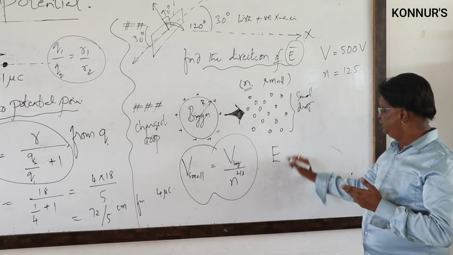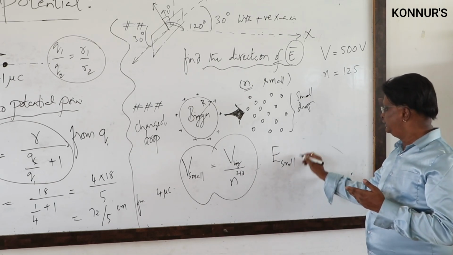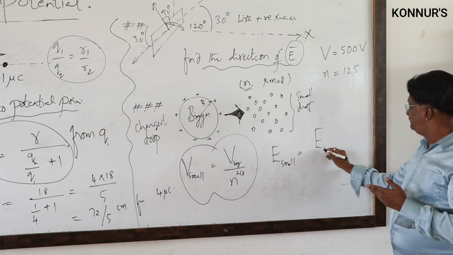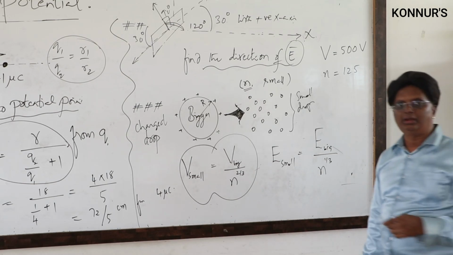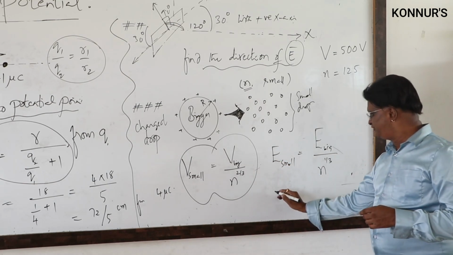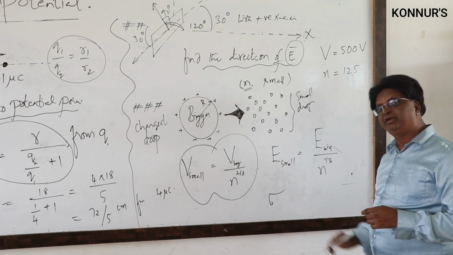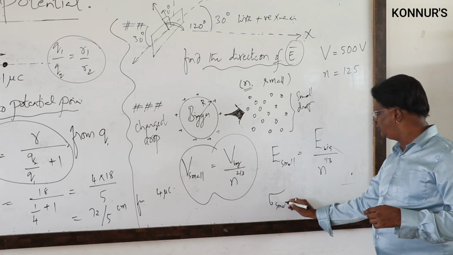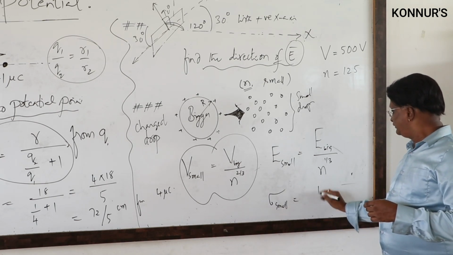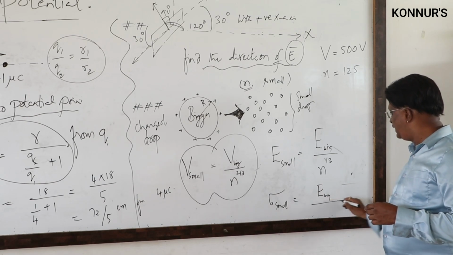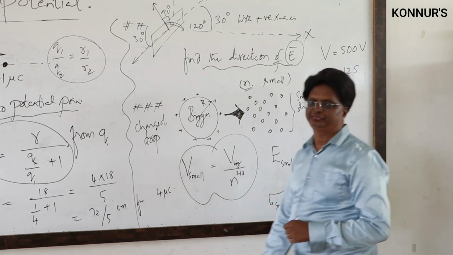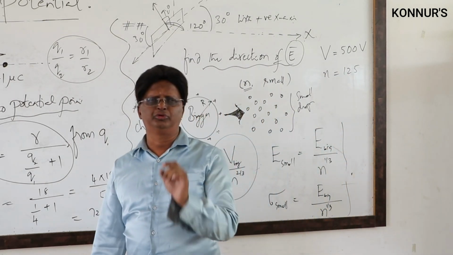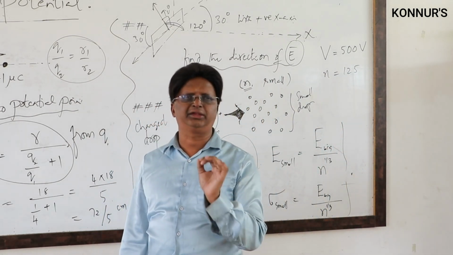Now I am writing E small is E big by n raised to 1 by 3. Similarly, for surface charge density, sigma small is also sigma big by n raised to 1 by 3. Such results we have done in the classroom. Hope you will go through your class notebooks very thoroughly.